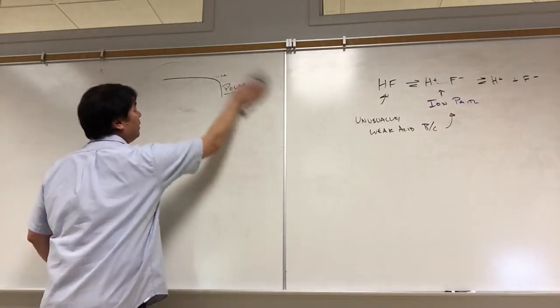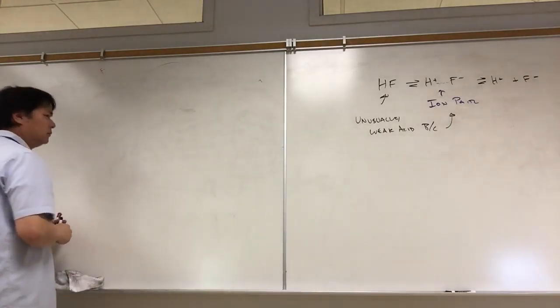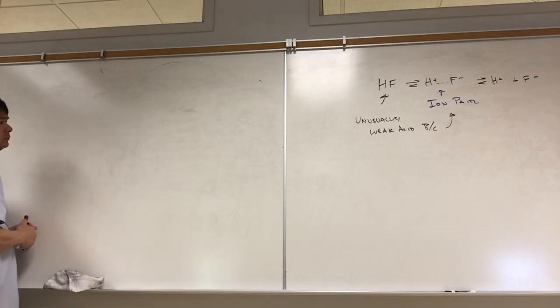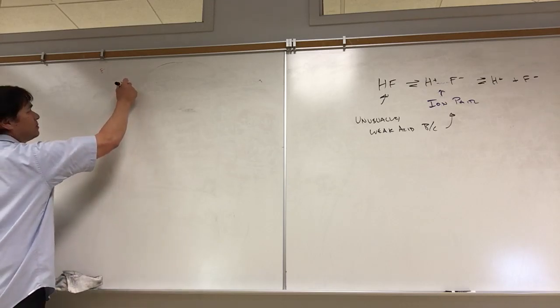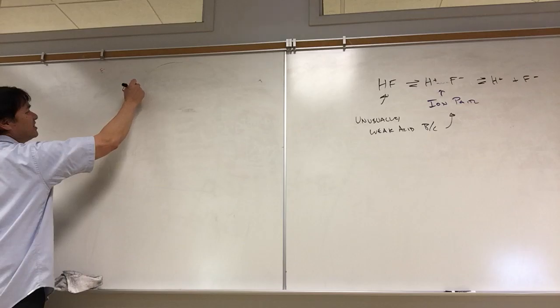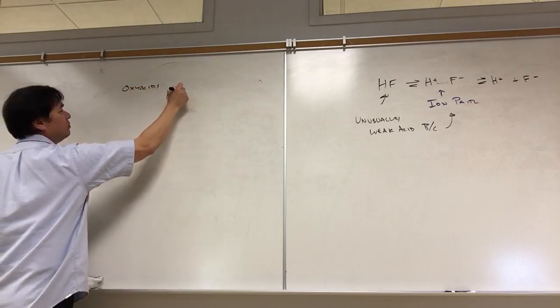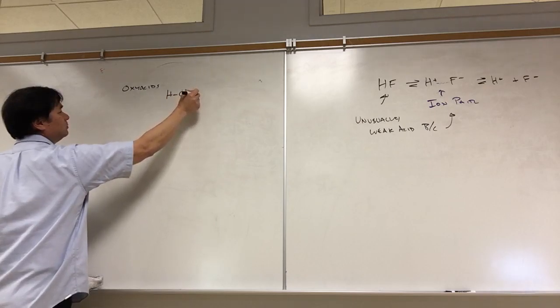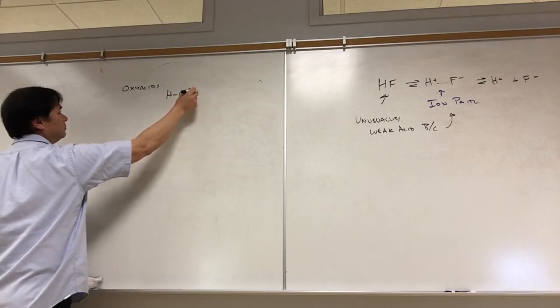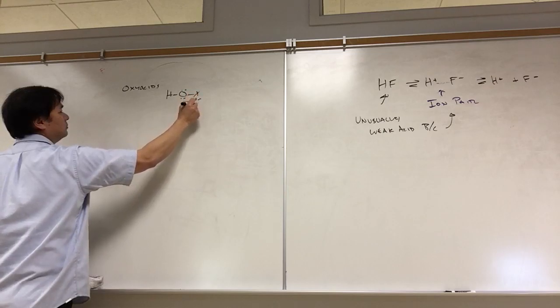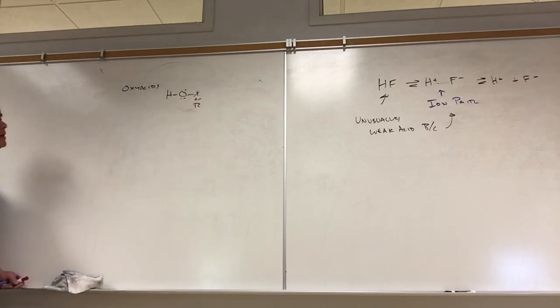Okay, then let's compare acids with similar bond strength. Acids with similar bond strength would be something like the oxyacids, in which we're looking at the HO bond, where X might be a halogen or R might be the rest of the molecule.